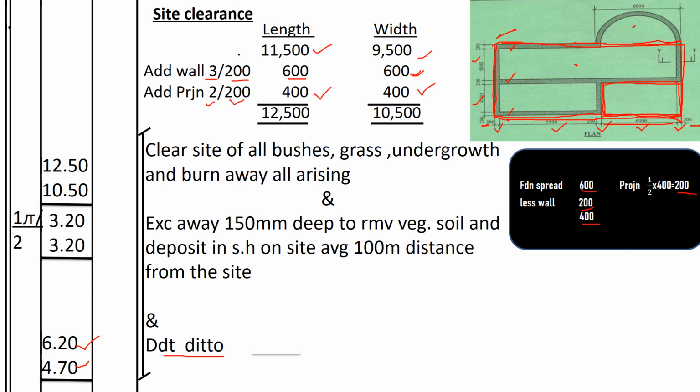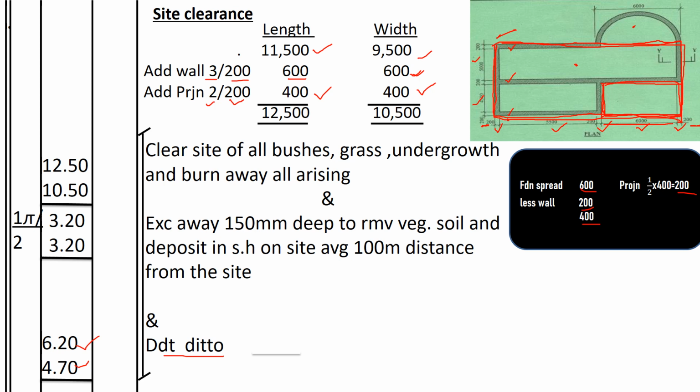So when we deduct 6.20 and 4.70, it shall not include the projection, because the bigger rectangle already has the projection. So we shall just take 6.20 and 4.70. I hope that is clear.